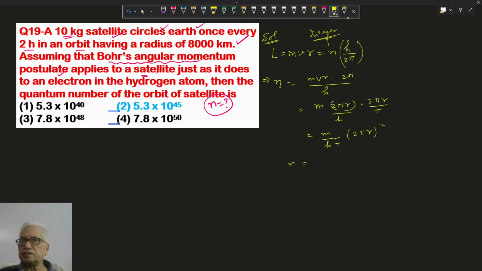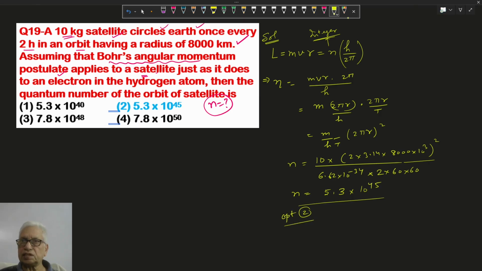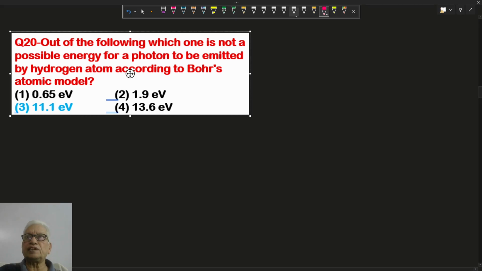We put all the values here: m is 10 kg, 2 pi is 3.14 times 2, radius is 8,000 kilometers, h is the Planck constant 6.62 times 10 power minus 34, and t is 2 hours converted into seconds. If we solve it, we get the value of n roughly 5.3 times 10 power 45.